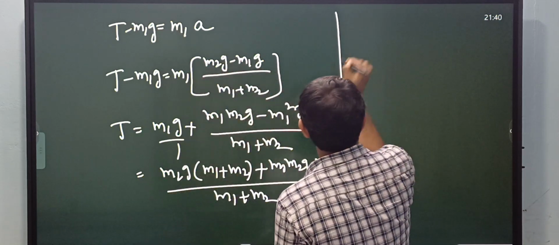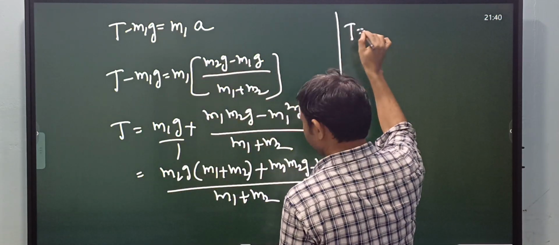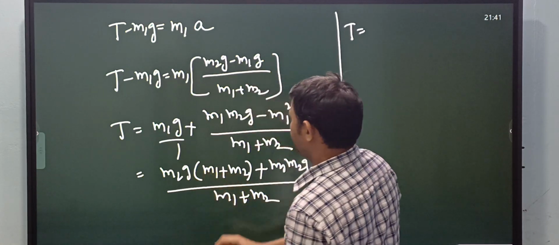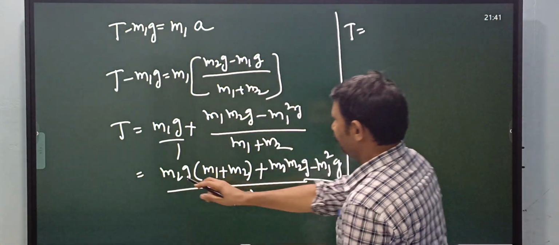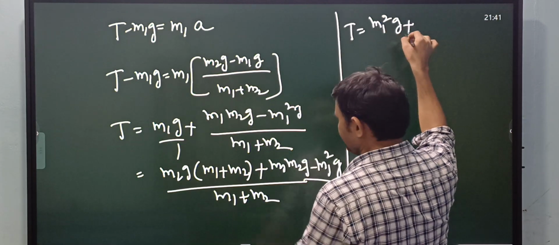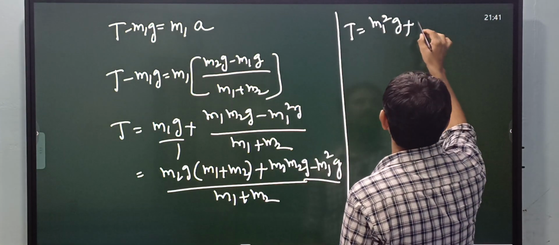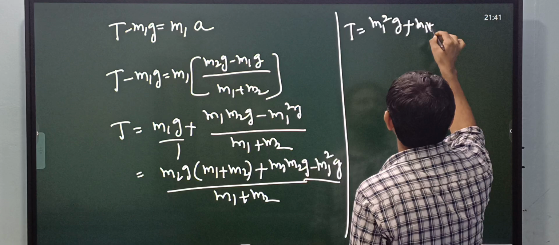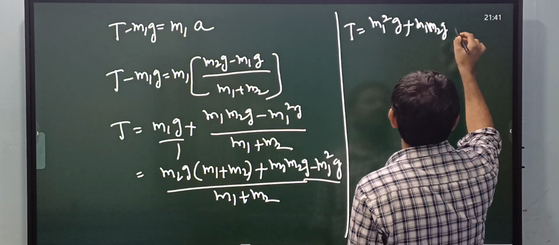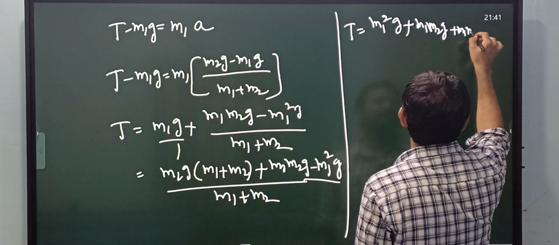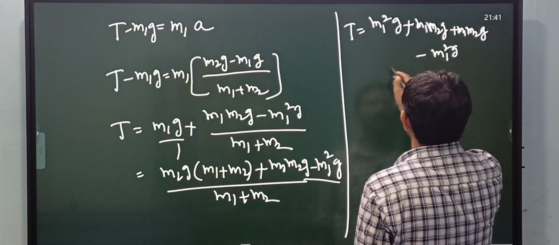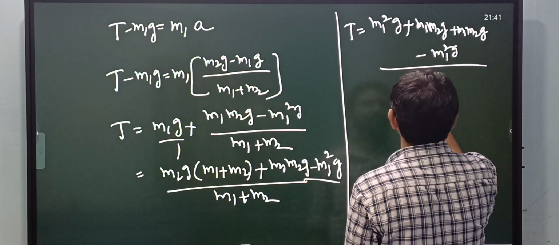So here T is equal to m1 square g plus m1 m2g plus m1 m2g minus m1 square g, divided by m1 plus m2.